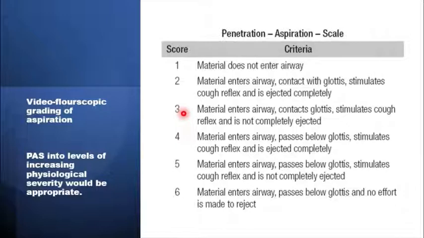Number 3 would actually be the original 3 and also 5 pass scale, in which the material enters the airway, contacts the glottis, stimulates cough, and is not completely ejected, while in number 4 it passes below the glottis, stimulates the cough reflex, and is ejected completely, like the original number 6 level. So there are attempts at improving and simplifying the scale.